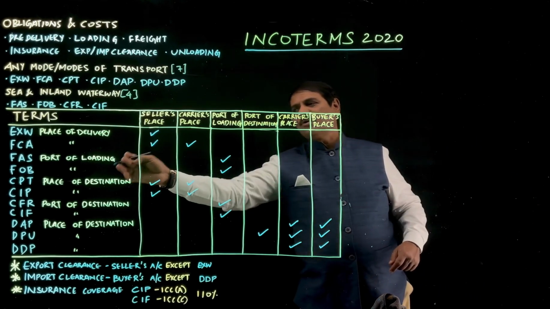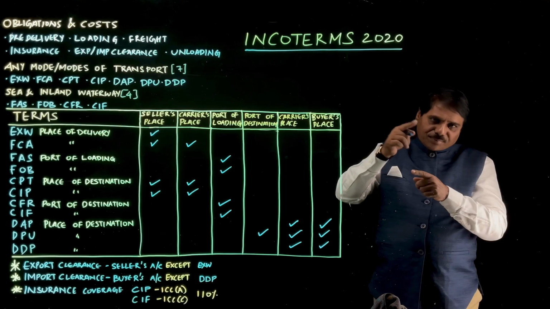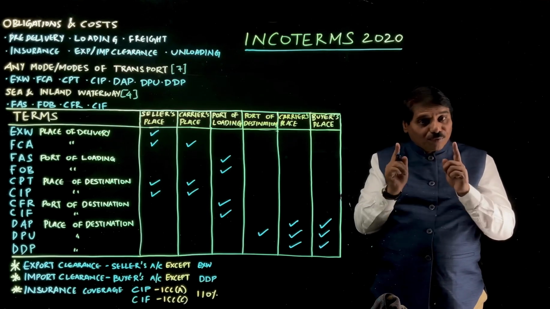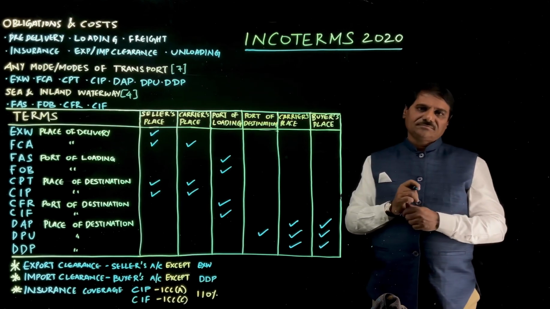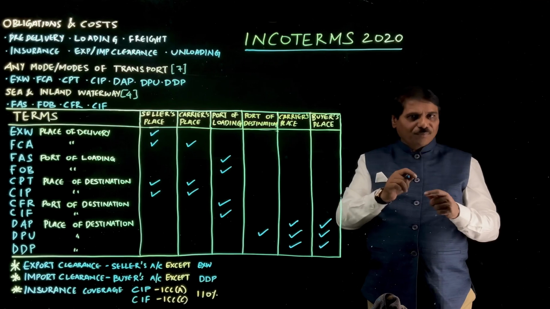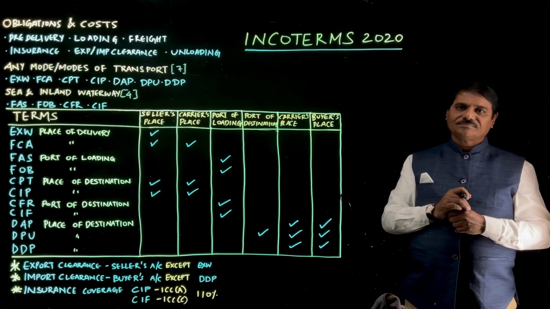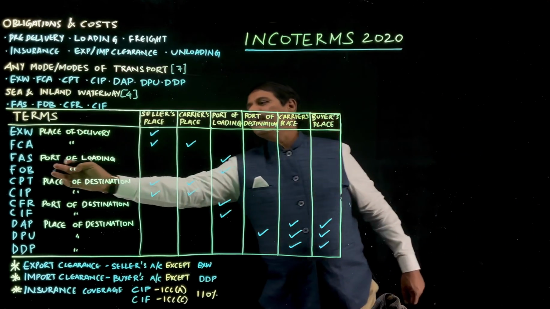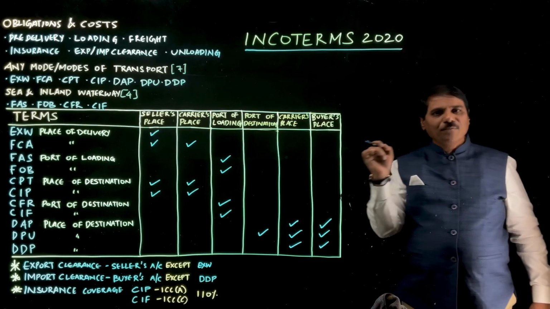Similarly, we have discussed FOB. The seller's risk is passing to the buyer at the load port. The loading port is Mumbai, so the seller's risk is passing to the buyer at the load port in Mumbai. So you are also writing here port of loading: FOB Mumbai port.